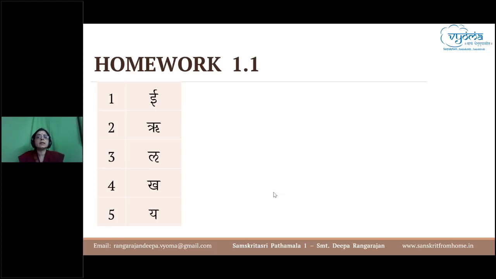That's all. I hope the pronunciation is clear. Then how to pronounce the consonant ng with r? It will be ngr. You have to start with the ng and pronounce the r sound also with it.